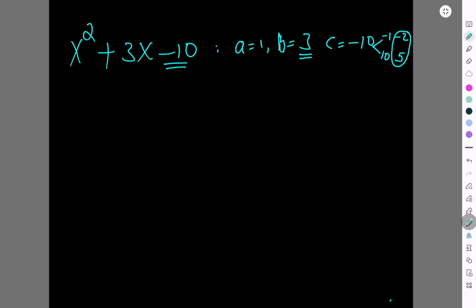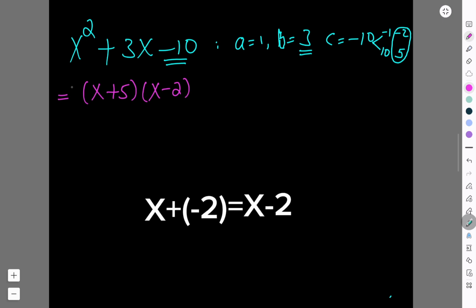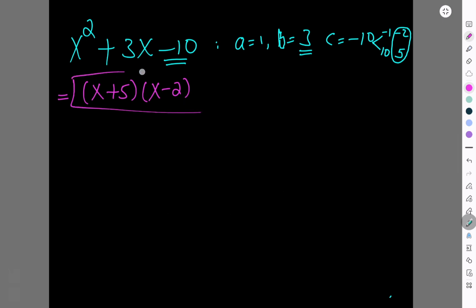And therefore, minus 2 and 5 are the two numbers that we are looking for, and therefore the factorized form is going to be what? x plus 5 multiplied by x plus minus 2, which means simply x minus 2. Plus minus means it is minus, right? x plus 5 multiplied by x minus 2 is the factorized form of x squared plus 3x minus 10.